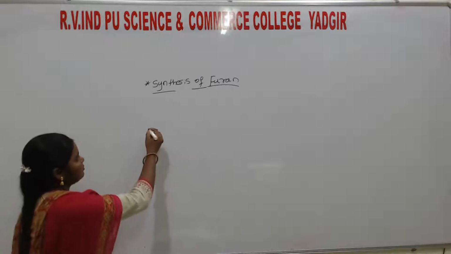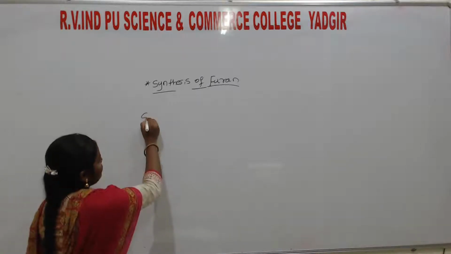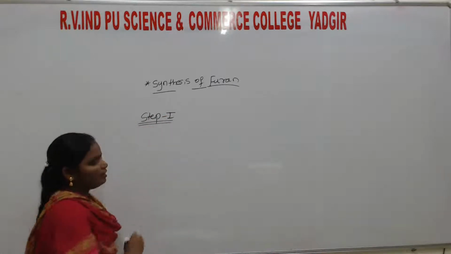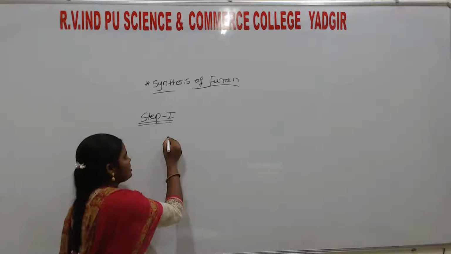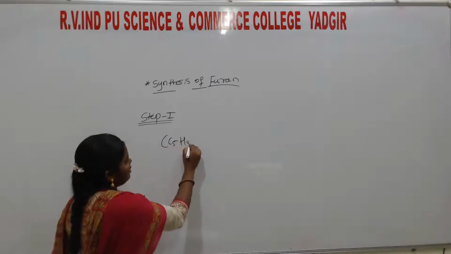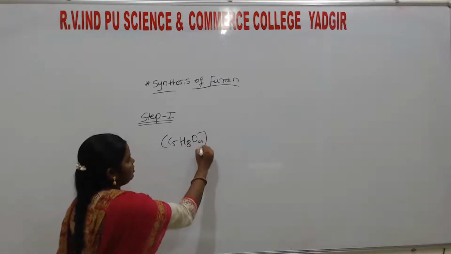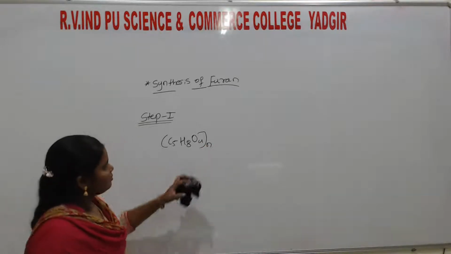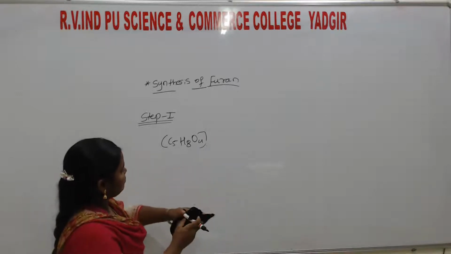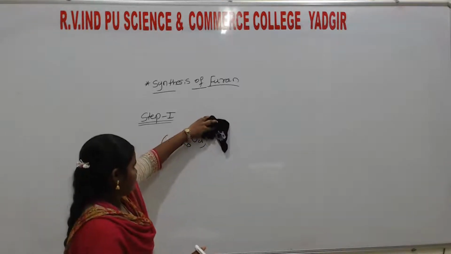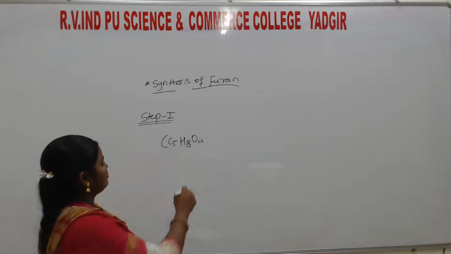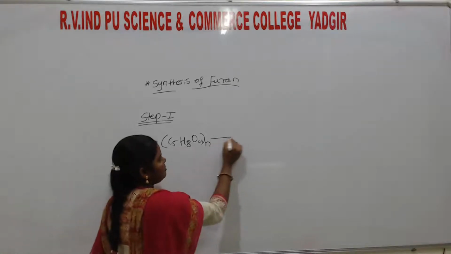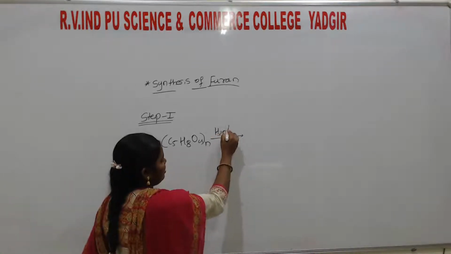Here I write step 1. Pentosan, C5H8O4. This is a pentosan. Here is the acid hydrolysis, H2O, H plus.